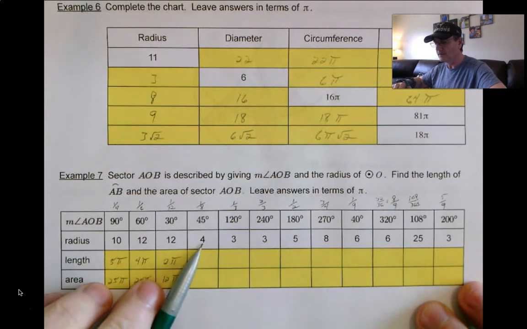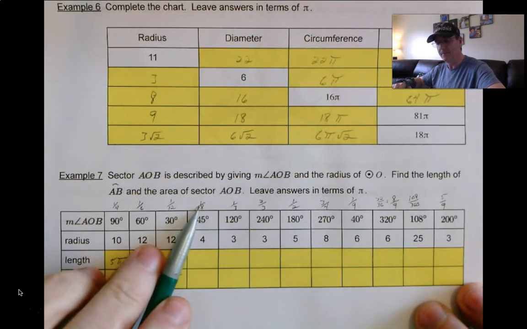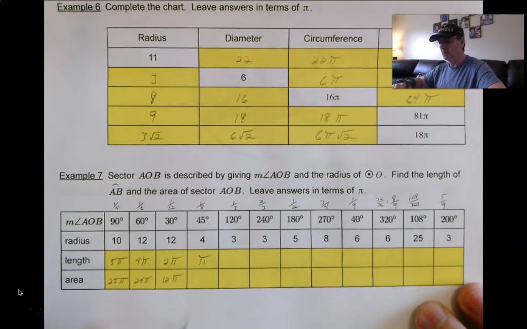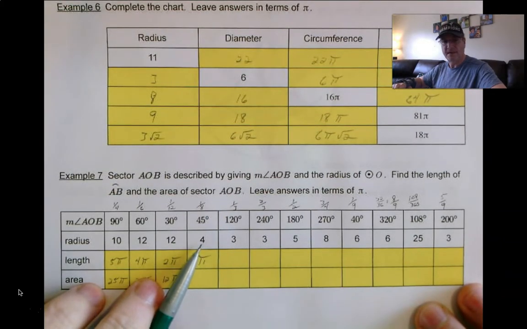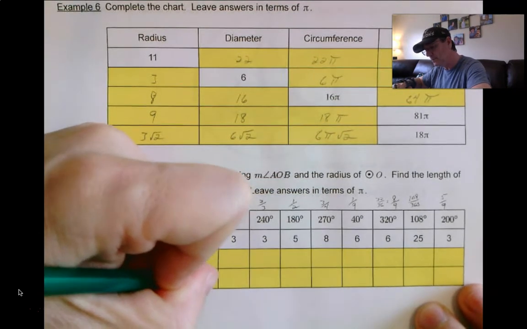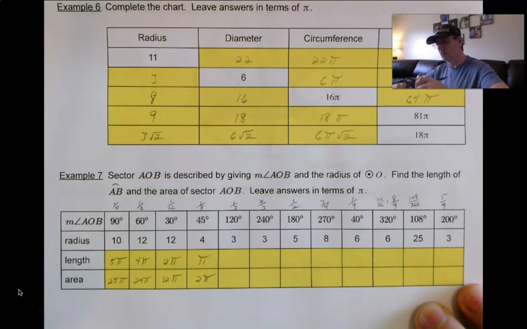Alright, the radius is 4. The circumference is 8 pi. 1/8 of 8 pi is pi. 16 pi is our area. 1/8 of 16 pi is 2 pi.